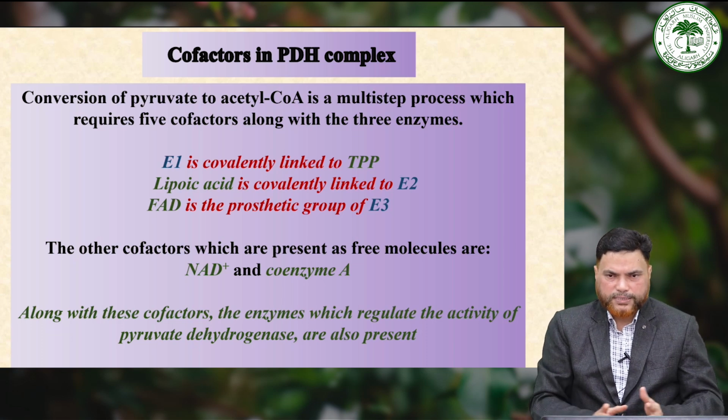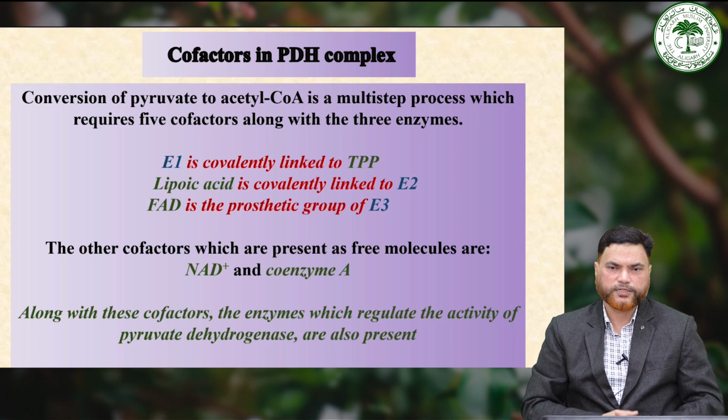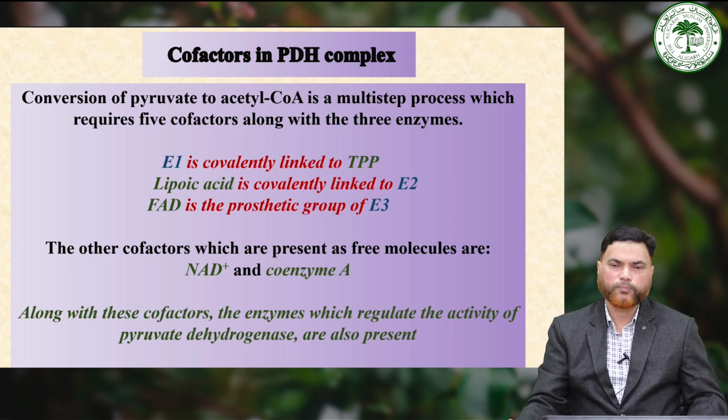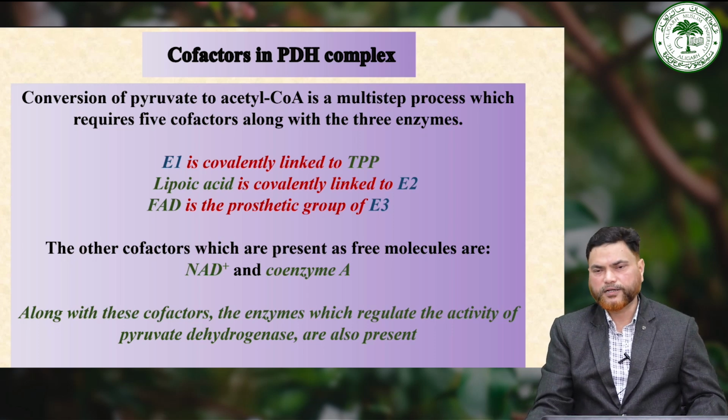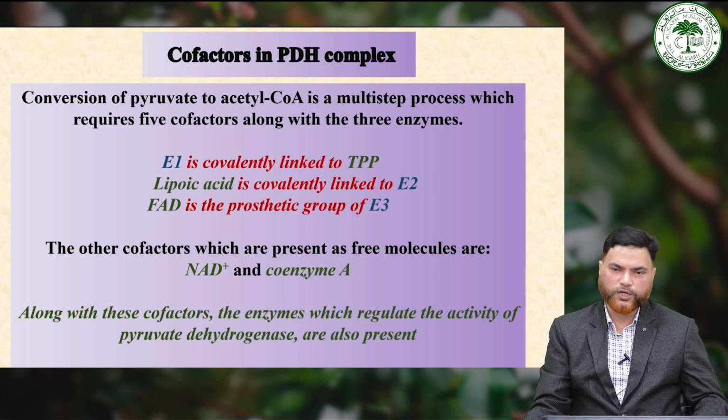So, it could be summarized that the E1 tetraheteromer complex is intricately regulated through the phosphorylation and dephosphorylation events involving the E1, E2 and E3 subunits, as well as regulatory enzymes PDK and PDP. This tight control ensures dynamic modulation of enzyme activity in response to the cellular needs.